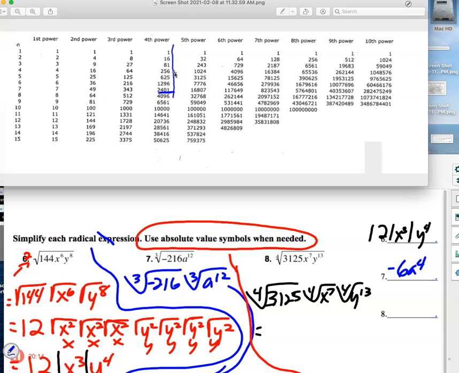Oh, all right, so 3,125. Let's look for anything up to 7 to the 4th that might divide into it nicely. And I notice it has a 5 at the end. So numbers that end in 5 would divide nicely into things that end with 5. I would try 625 and see if that works.